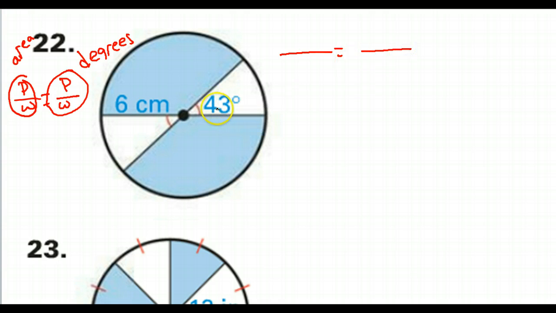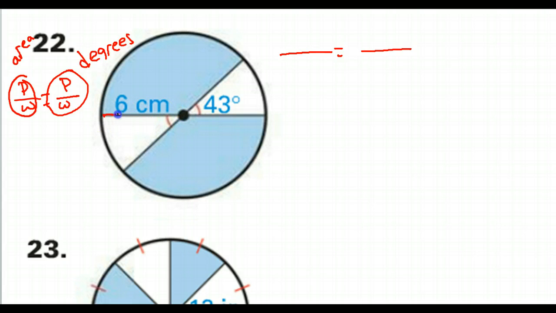Normally, when we go to do the degrees, we look for the partial degrees that is showing, like this 43, and we put this 43 right here in the top. But in this problem, the 43 is not the angle that we want. We will not put 43 here because it is the white angle, and we're trying to find the shaded sector, so we need the number of degrees for the shaded area.